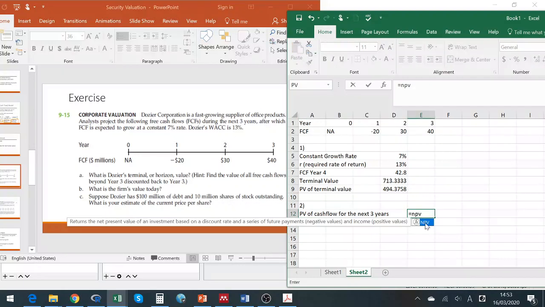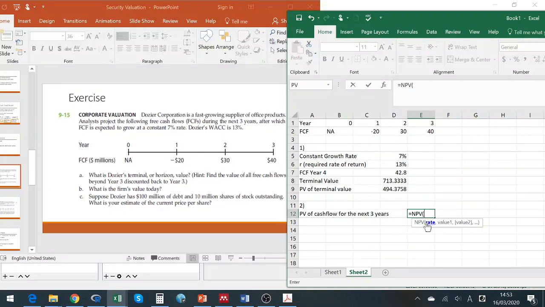You can use NPV with a discount rate of 13%, and these are your cash flows. So it should be 33. The total present value is the present value of the cash flow plus the present value of the terminal value, which should be 527.